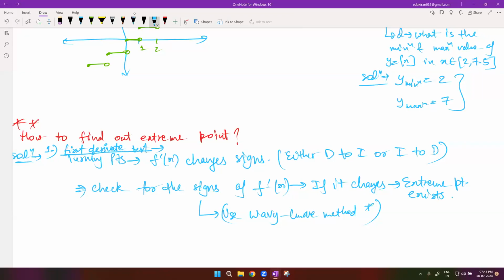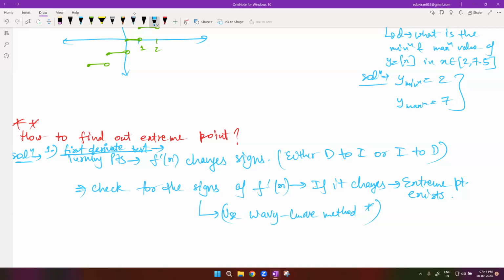But before that, we are learning the first derivative test, which is basically based on a key insight that extreme points only exist where your graph changes its direction, and where your graph changes its direction, the sign of f dash x changes, because if it was increasing before, it changes to decreasing, and if it was decreasing before, then it changes to increasing. So the sign of f dash x changes.